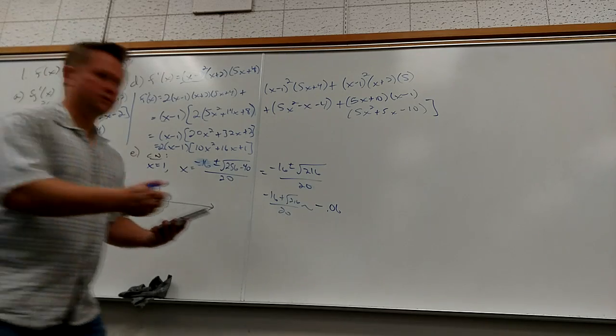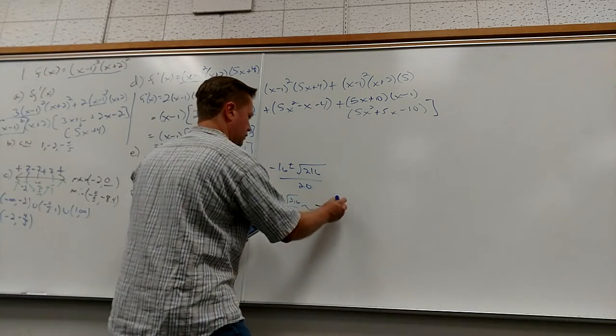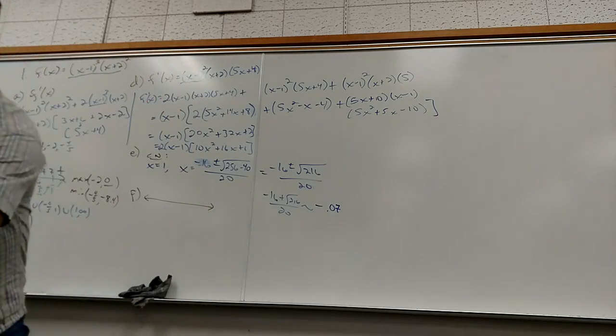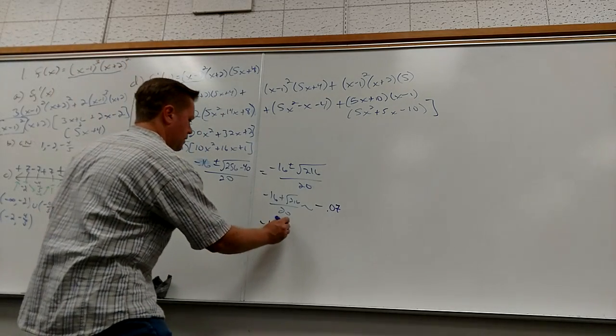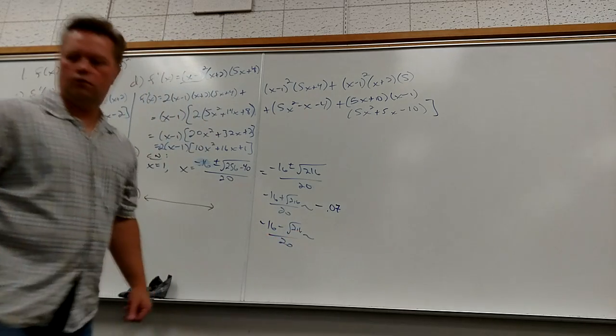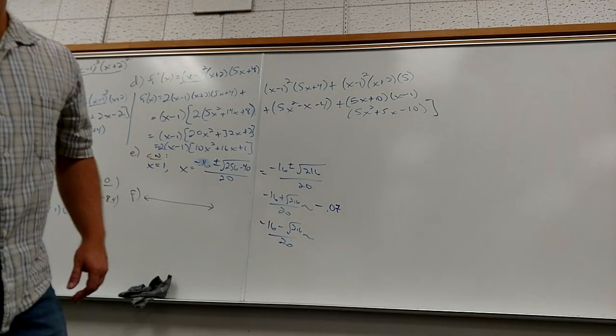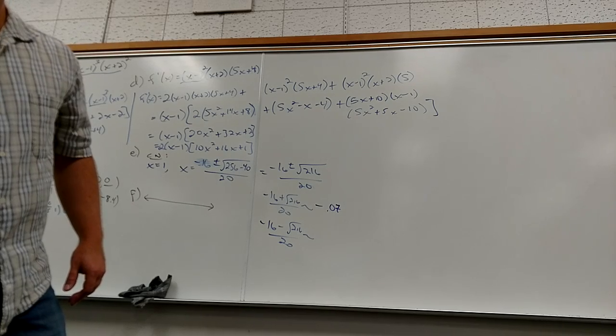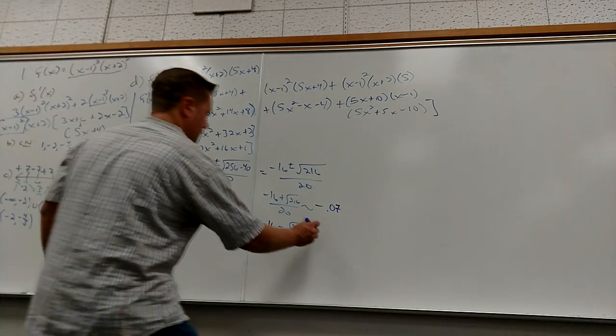No, you're right. Negative 0.06. Negative 0.07 really, but yeah, you got it. Okay. And then negative 16 minus rad 216 over 20. Negative what now? 1.5. I like it.